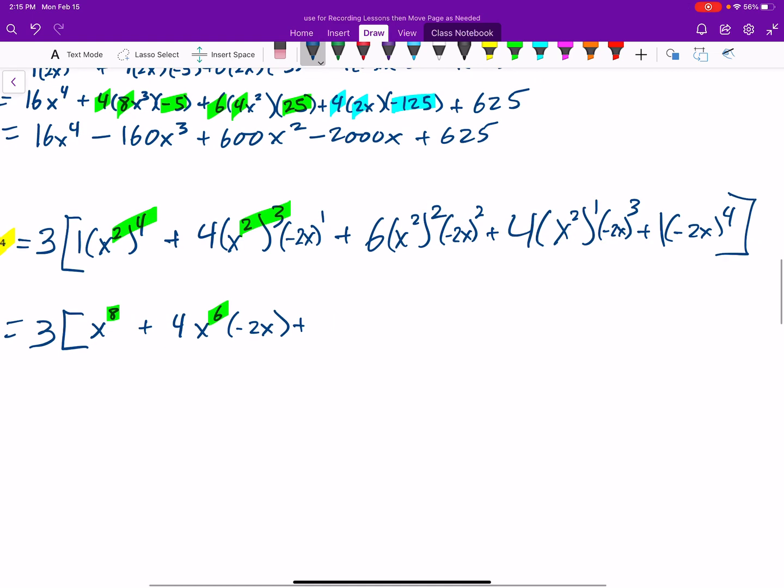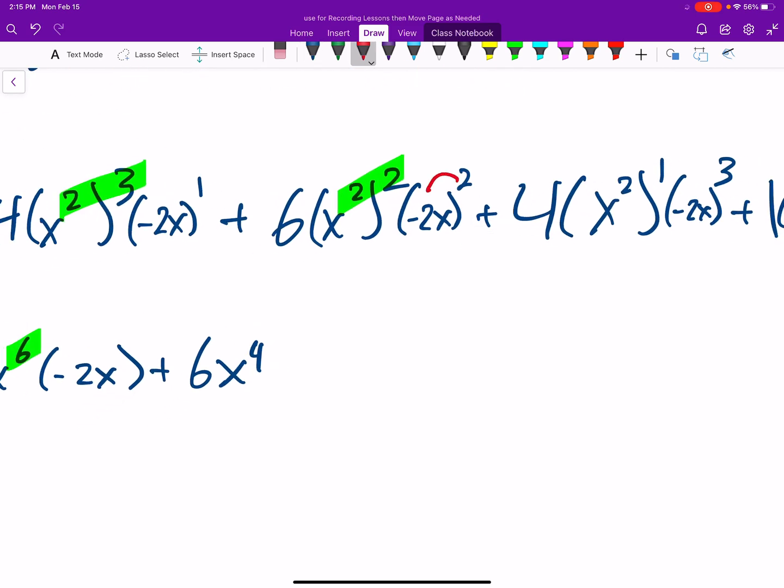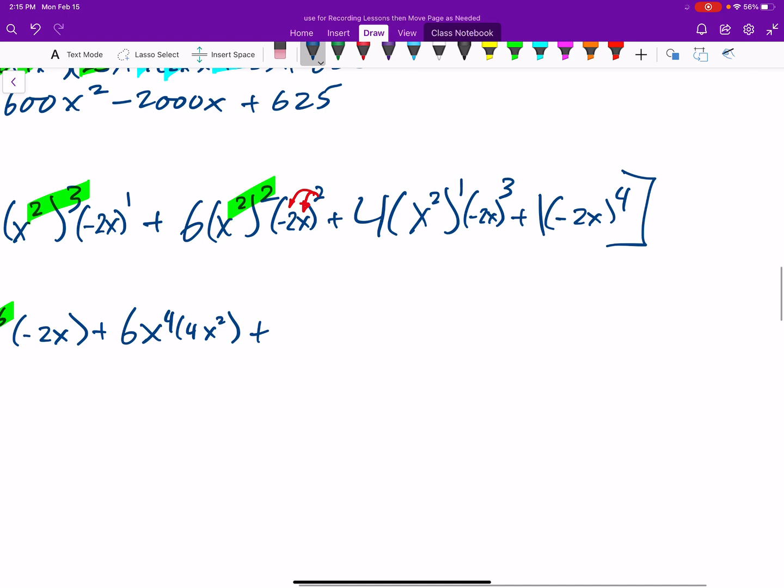And then the next one, I've got 6, and I've got x to the 4. And I've got, again, I have to distribute this exponent 2. Negative 2 squared is positive 4 x squared. So I'm going to have to be doing even more collecting of terms in a moment, but that can be for our next line.